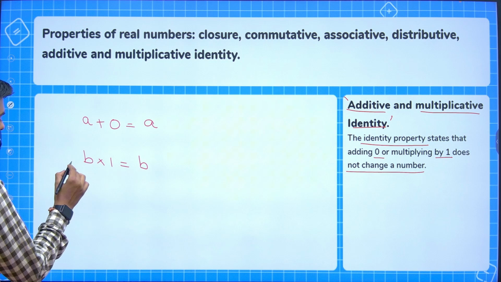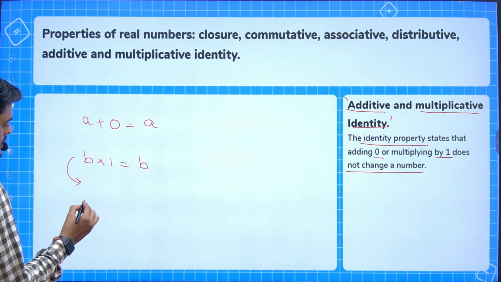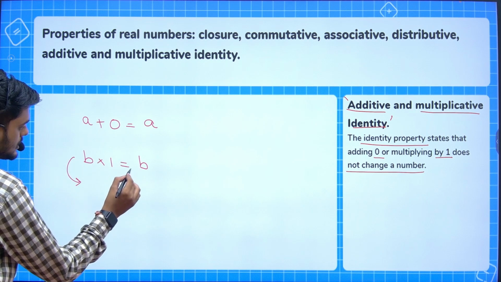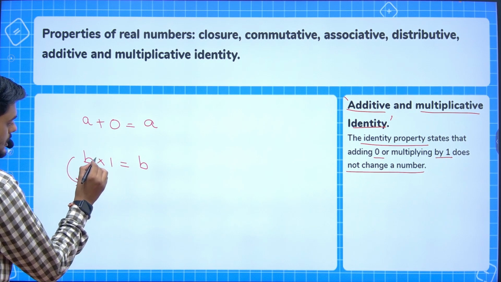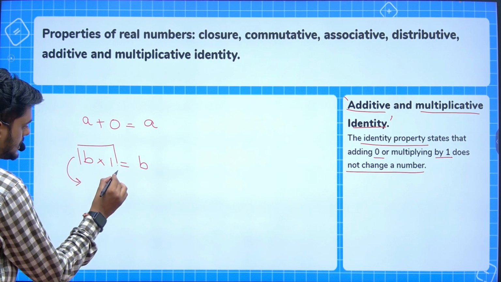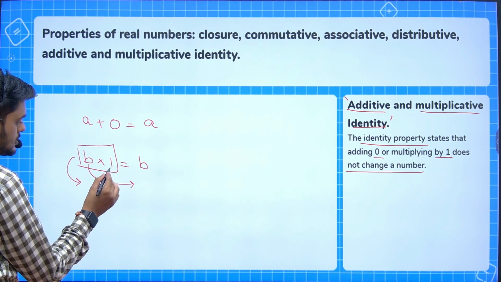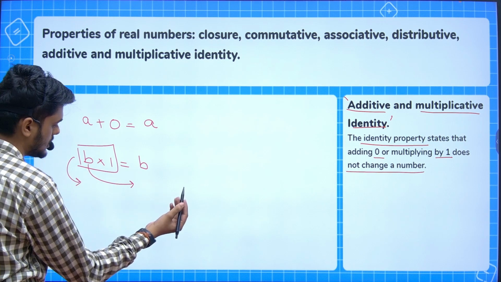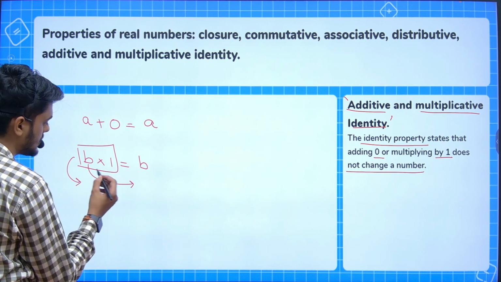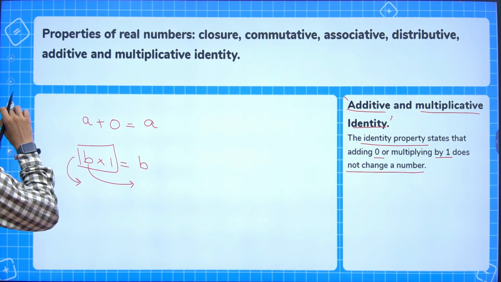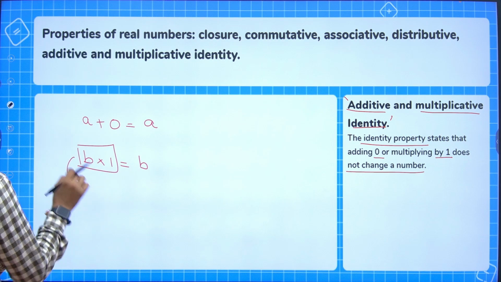Now, suppose we take this example. We know that within an equation, if two quantities are in multiplication and we need to transfer any of these two quantities to the other side of the equation, we simply change the operation to division. What does this mean?